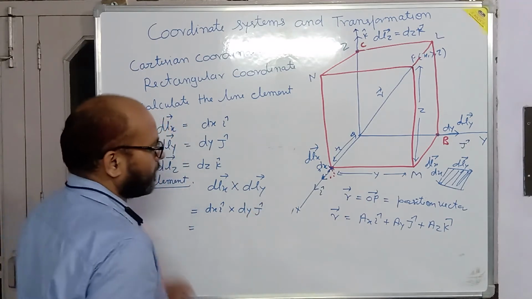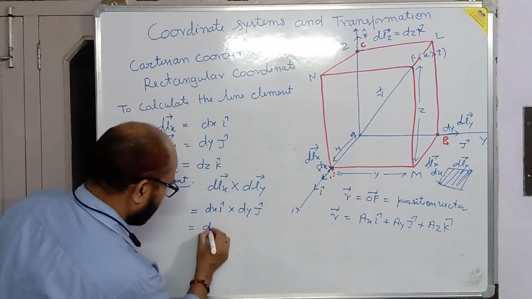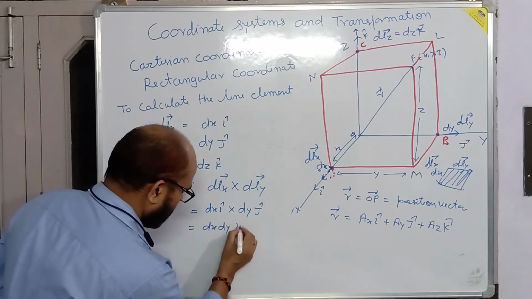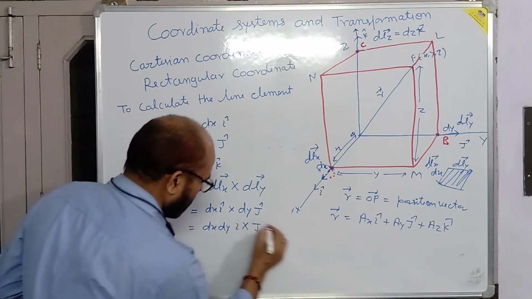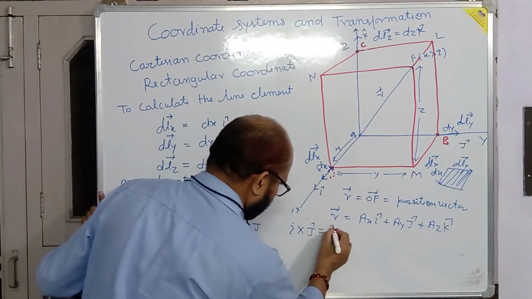dx and dy are scalar quantities. So dx dy i cross j. Here i cross j equals k cap.